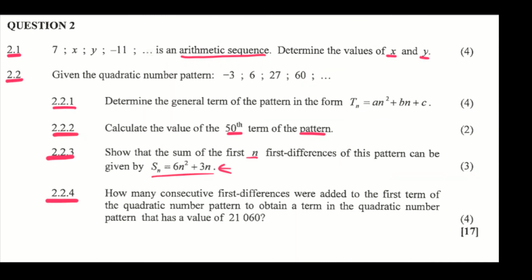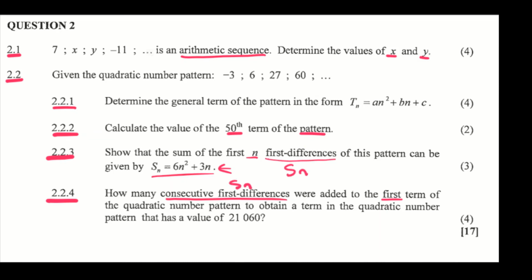Now we're going to do 2.2.4, which says: how many consecutive first differences were added to the first term? Remember, the first differences we found in the previous question was Sn, right?